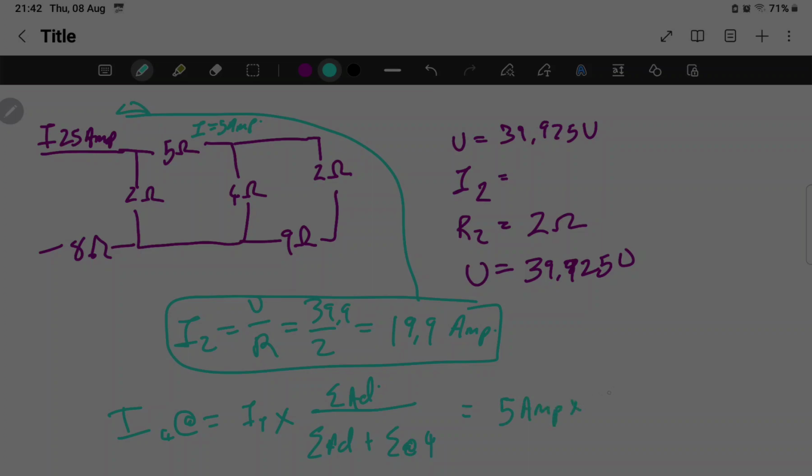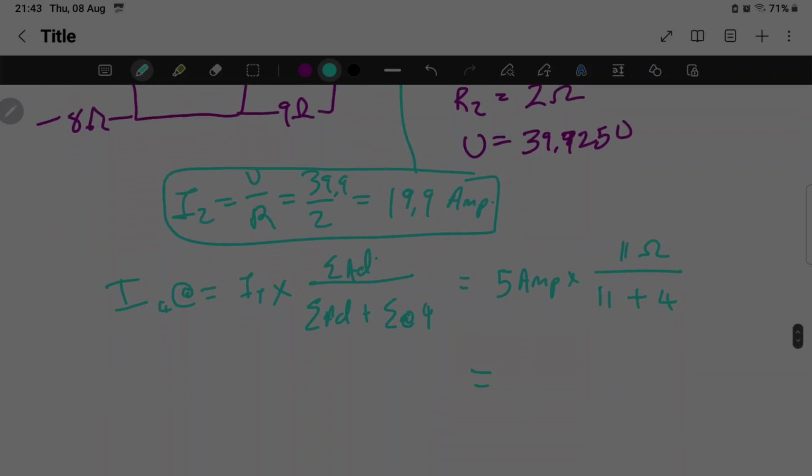And then adjacent to that would be 11, because 2 plus 9 is 11, and it's going to be 11 plus 4. And this answer needs to be less than 5. So let's see, 5 times 11 over 11 plus 4, and then we have 3.66 amps.